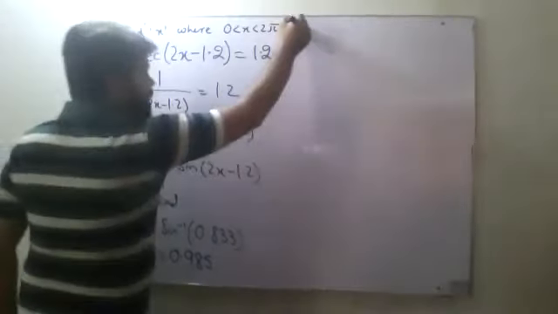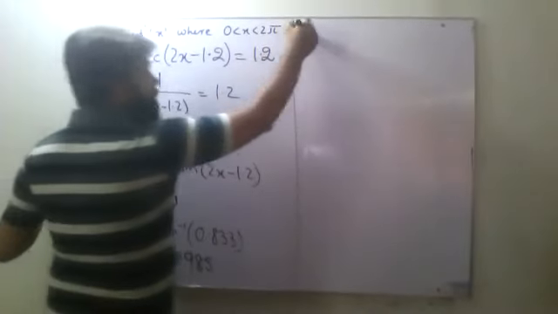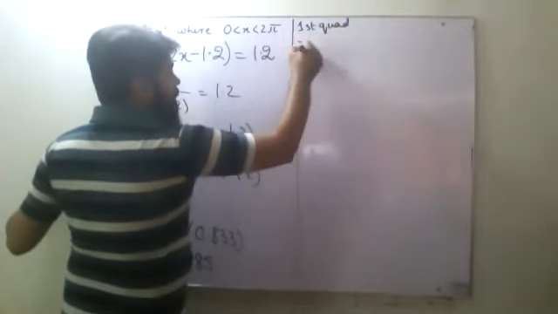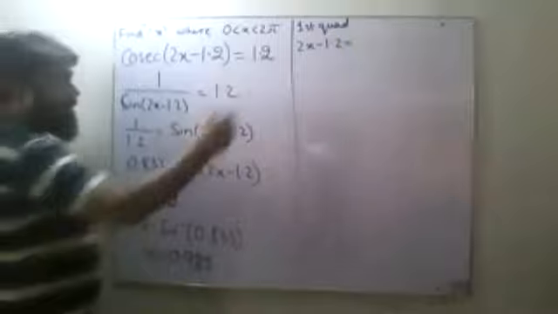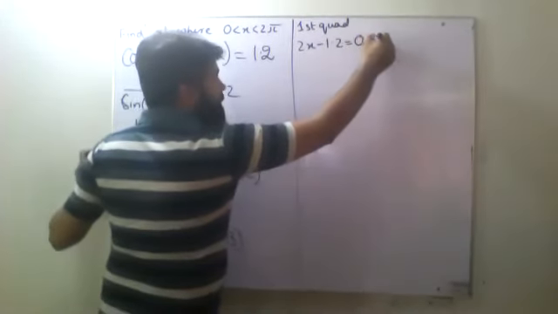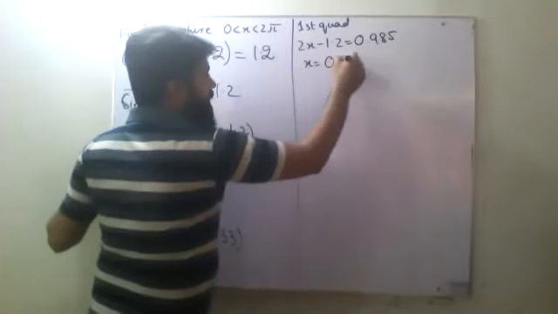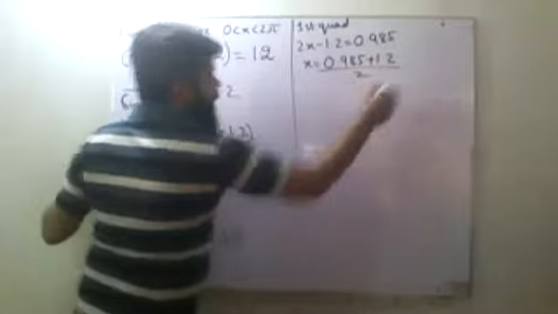Now, in the first quadrant, 2x minus 1.2 will equal alpha, and the value of alpha is 0.985. So x equals (0.985 plus 1.2) over 2.